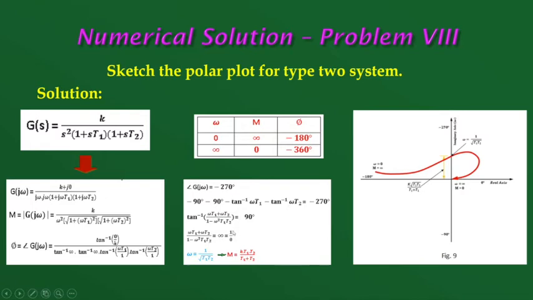Then 90 means 1 by 0, that means tan infinity. From this equation we get omega. If this value is put in the magnitude, we get M equal to k t1 t2 divided by t1 plus t2 at that point. This is the magnitude, and the omega value at that point is 1 by root over t1 t2.